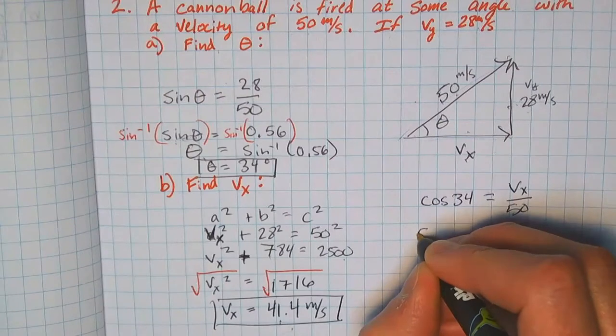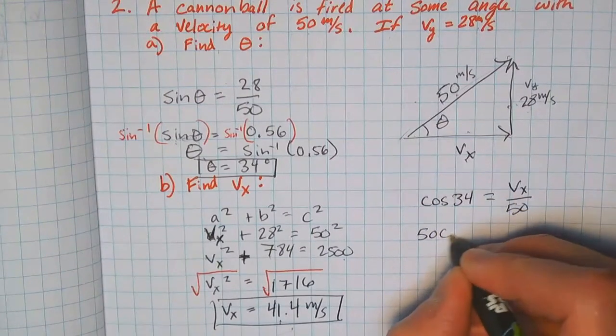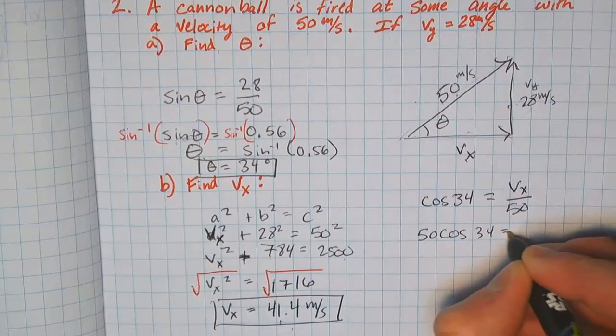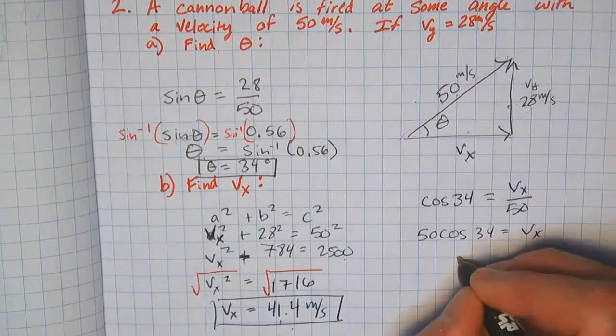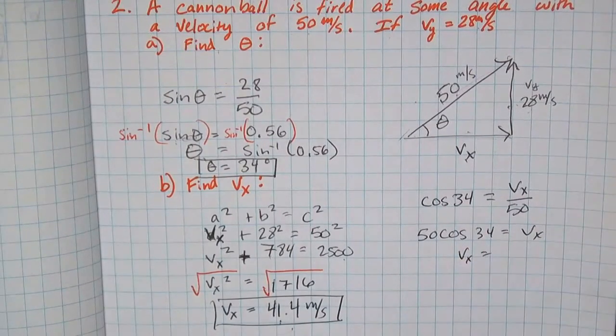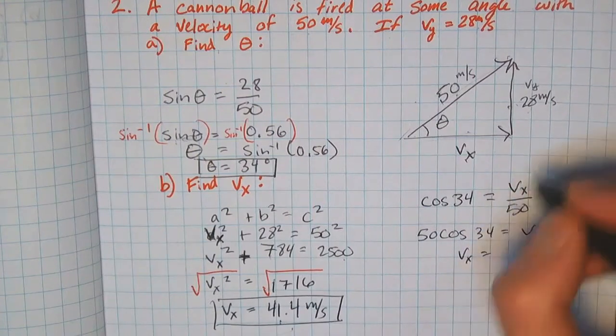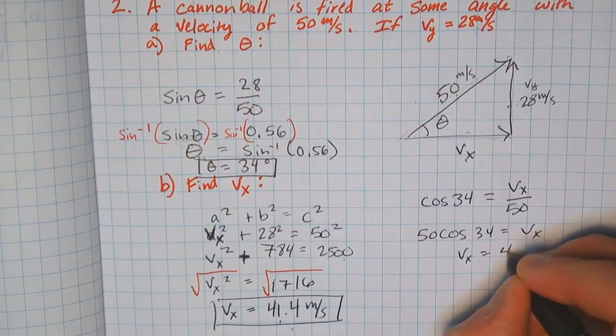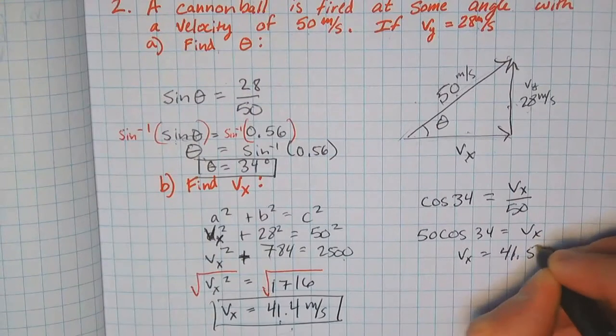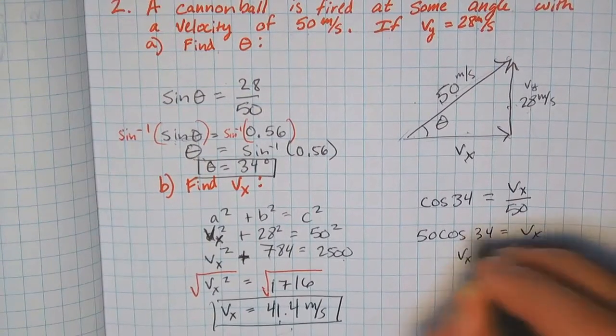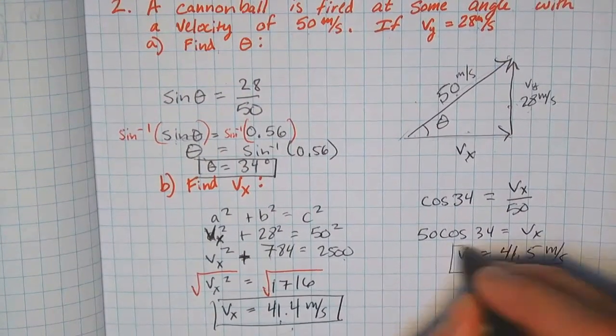So 50 cosine 34 is equal to Vx. And just to double check, 50 times the cosine of 34 gives 41.5. So just slightly different in terms of rounding, but otherwise, see, it's the same.